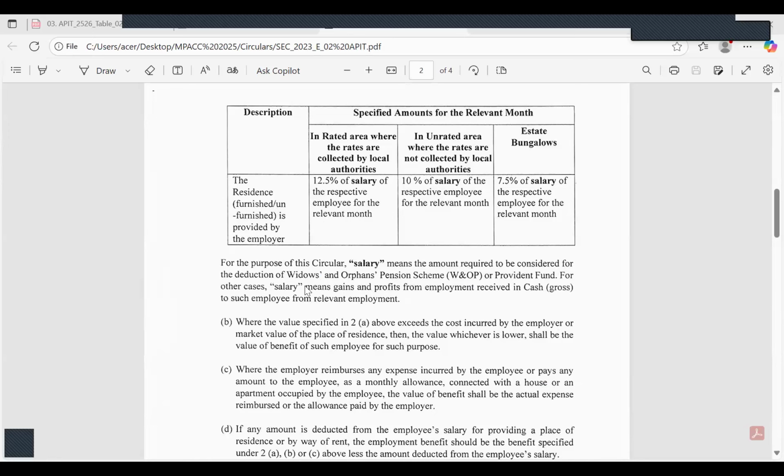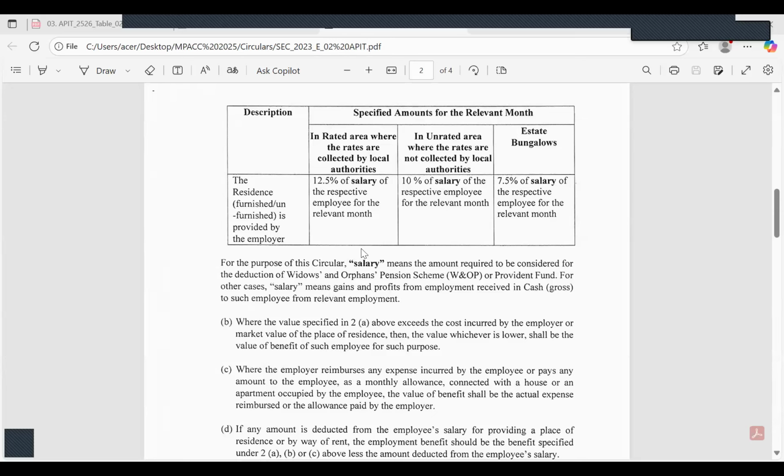For all other cases, that means for some employees, they are a member of this WNOP or Provident Fund. At that time, what is the salary considered for WNOP or the deduction of Provident Fund?